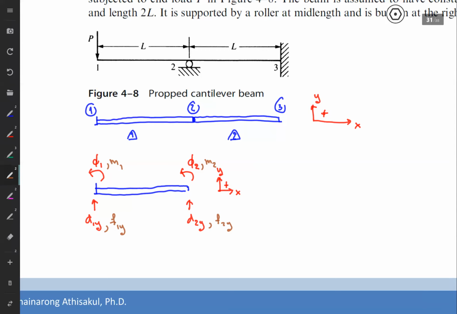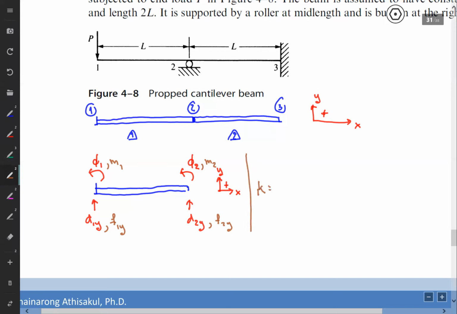The element stiffness k is equal to EI over L cubed, times the matrix with entries 12, 6L, minus 12, and 6L.